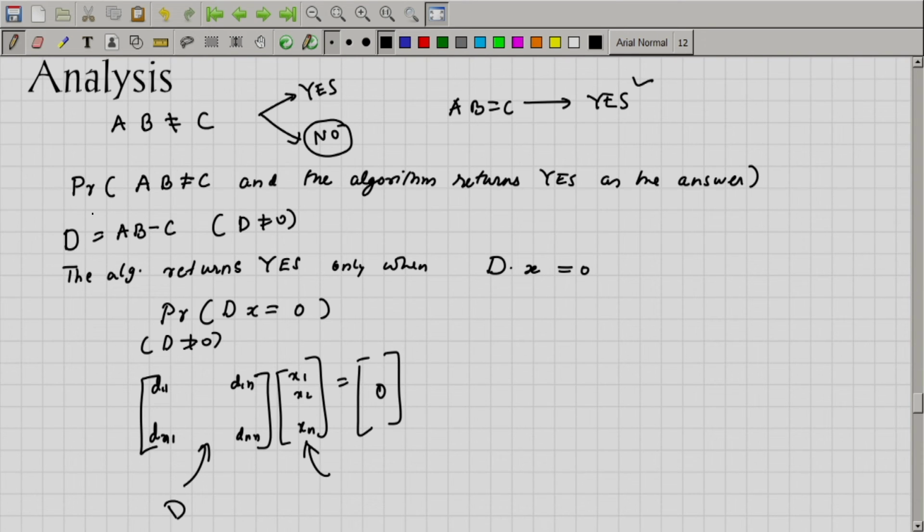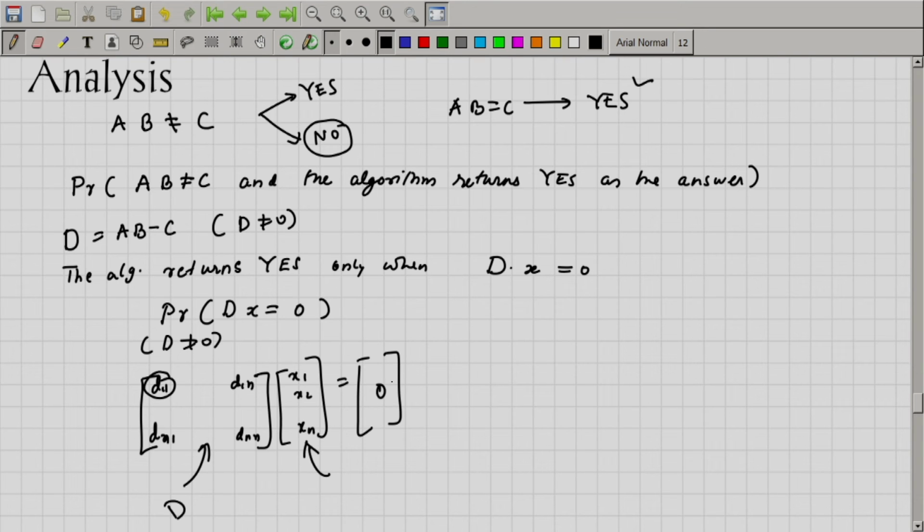So, we can assume without loss of generality that D11 is the non-zero element. If D11 was not the non-zero element, we could carry out this entire analysis by shifting rows of D and columns of D to make D11 the first element, and then x1, x2, xn has to be chosen appropriately. So, let us say that D11 is non-zero.